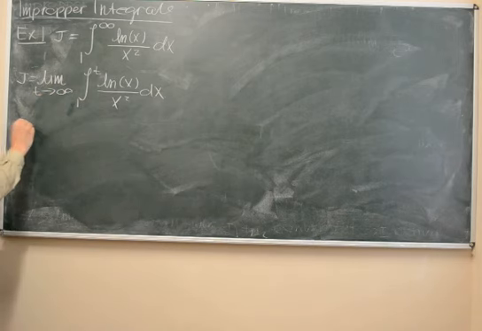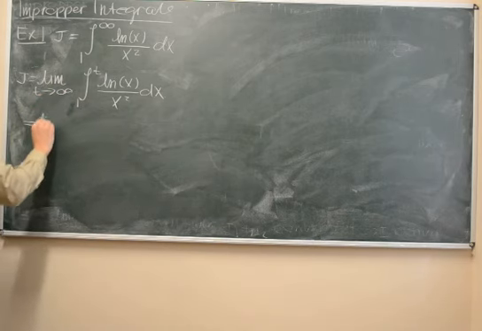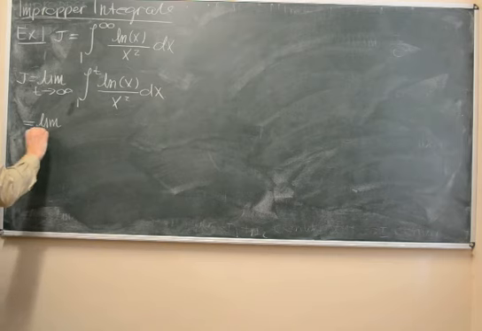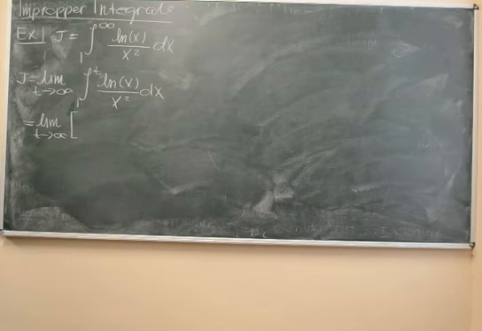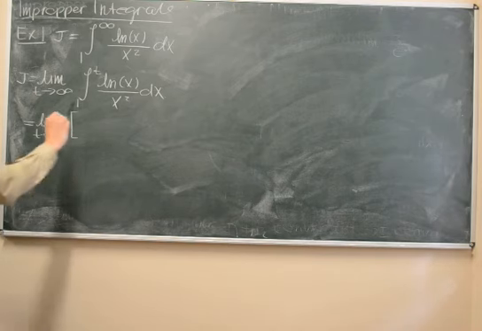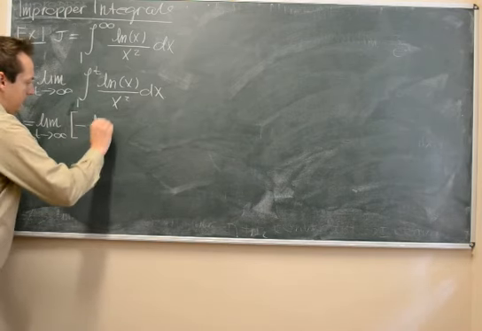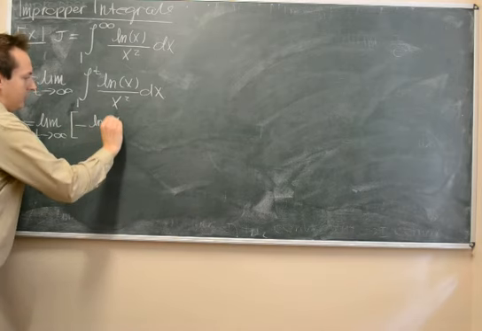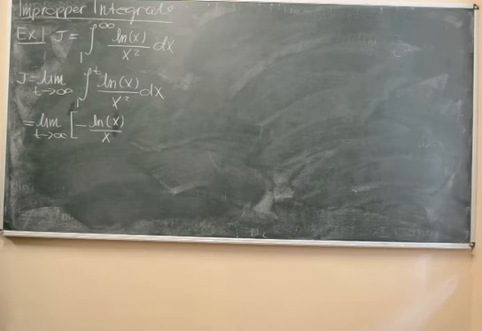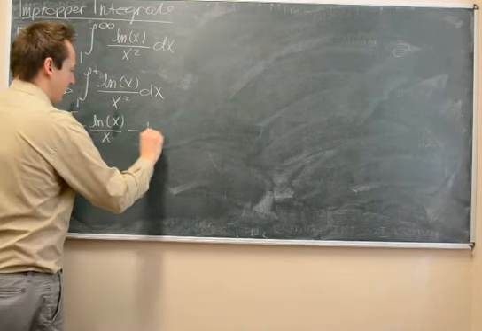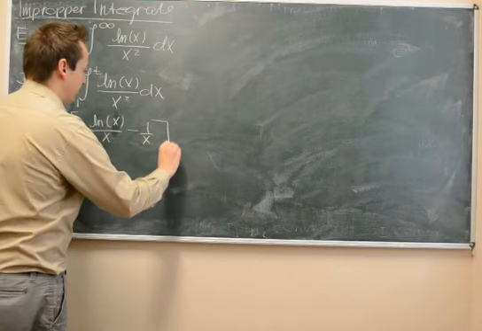So what we'll get having done that is minus ln x over x, minus 1 over x.